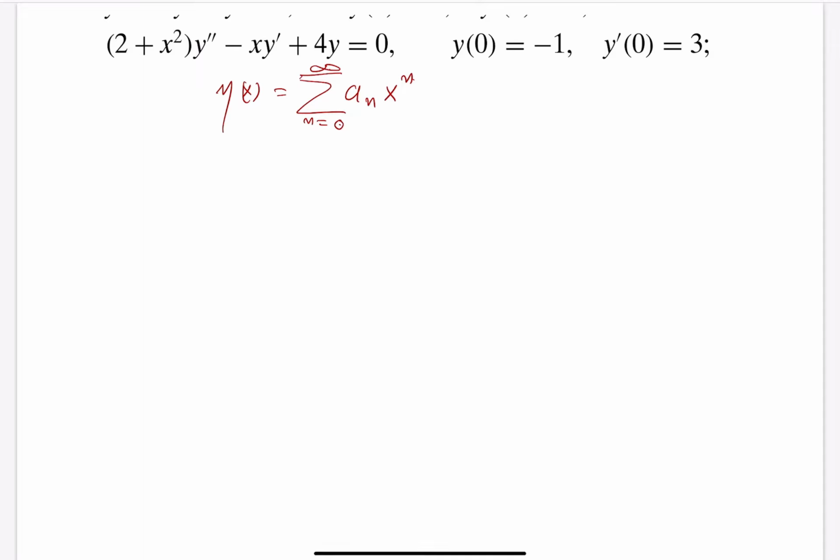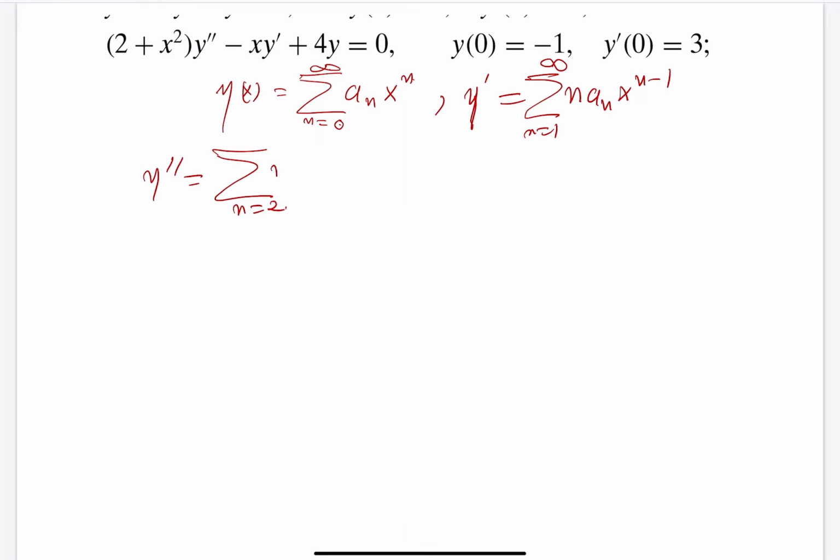Now you take the first derivative, just like I told you last time. The series will start from n equals 1 to infinity, and you have n a_n x^(n-1). And you take the second derivative, the series will start from n equals 2, n times (n minus 1) a_n x^(n-2). Now you can go ahead and replace it back.